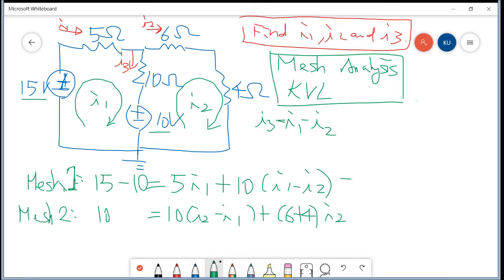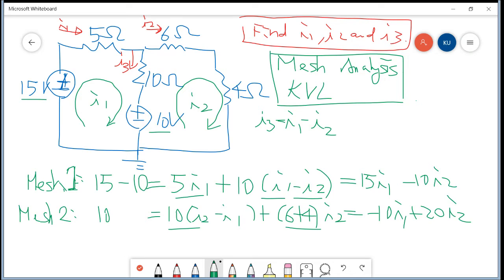And actually, we can do some simplification. We have 5I1 plus 10I1, 15I1, and then minus 10I2. And for the second one, minus 10I1, and then plus 10, plus 10, so we have plus 20I2.